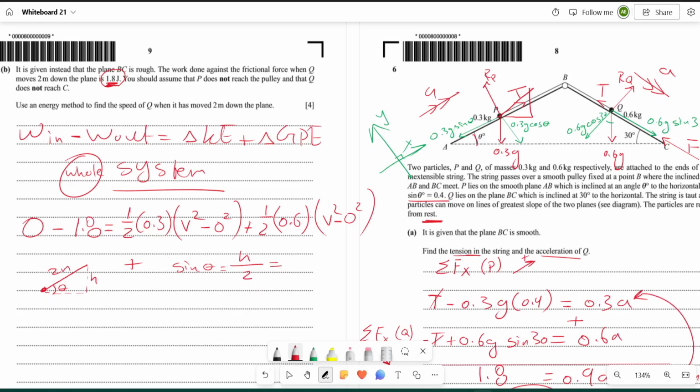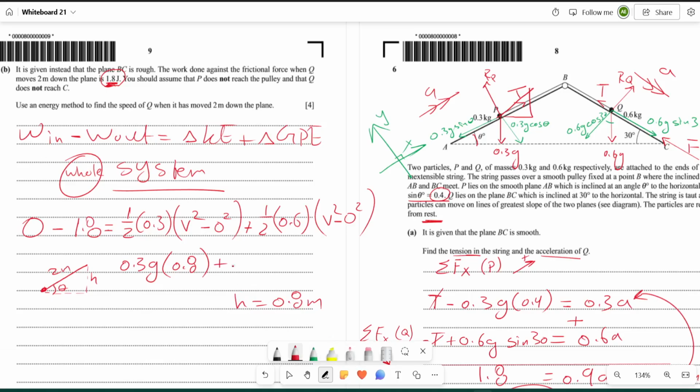And I know that at the same time, sine theta is 0.4. So the vertical height that P moved is 0.4 times 2, which is 0.8 meters. This is the vertical height I'm going to use in the mgh equation for P. So the change in gravitational potential energy for P is the mass of P times g times h. h is positive 0.8 because P moved upwards relative to its starting position.